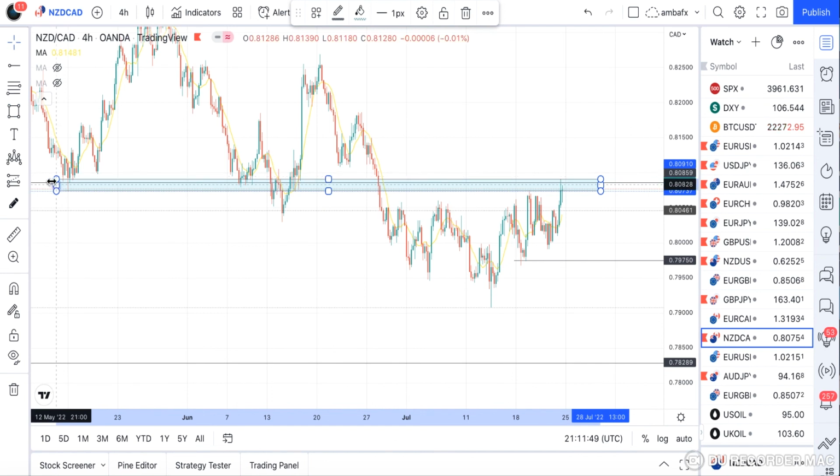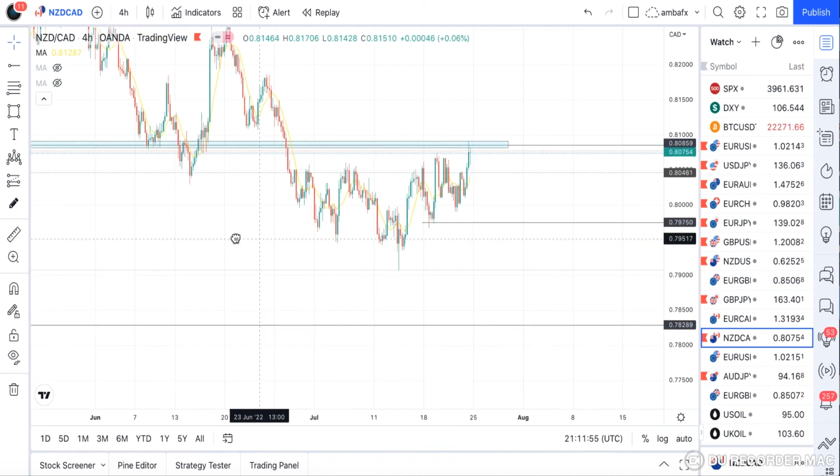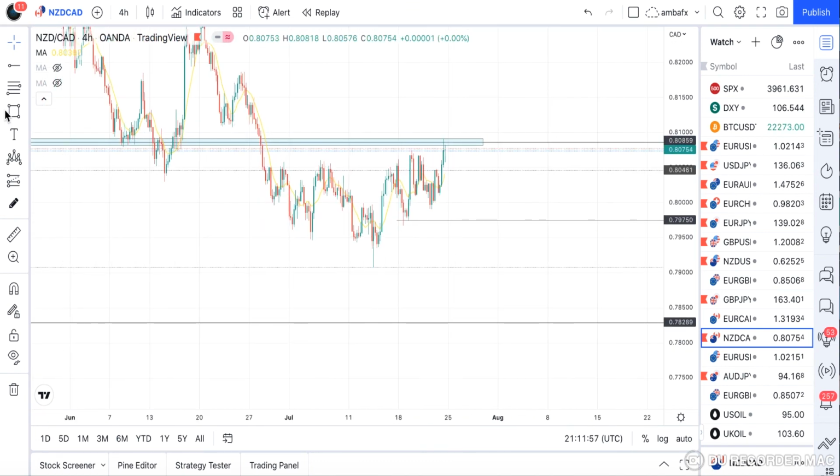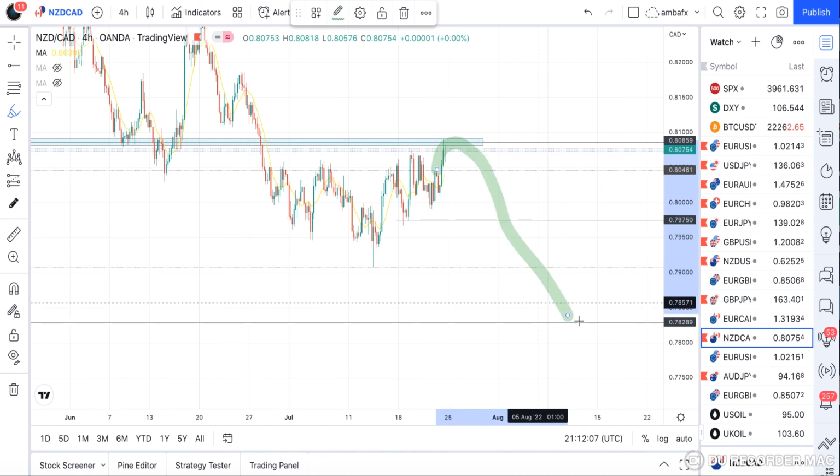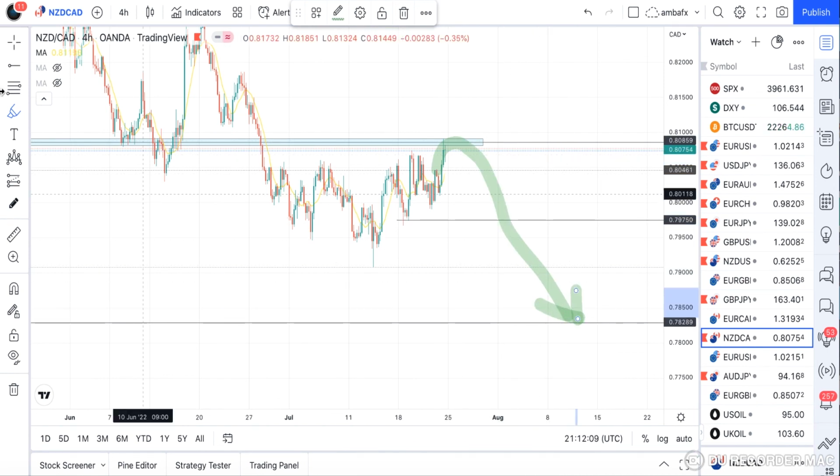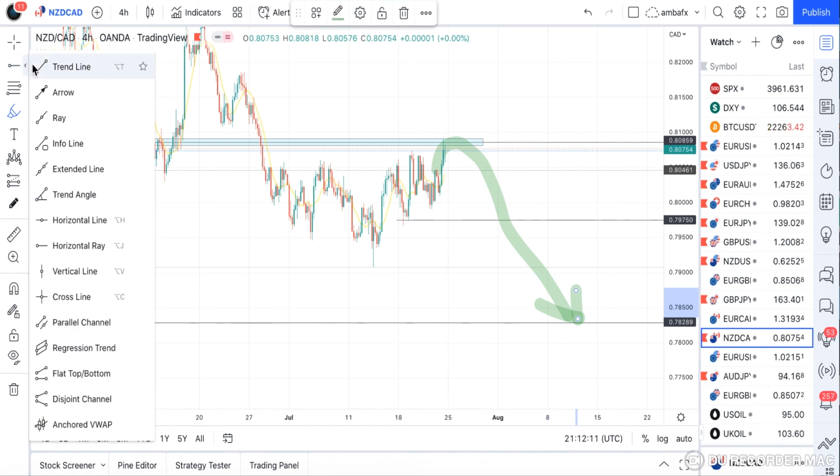We can see the level of resistance holding right at that particular time. So any retracement to the upside like this without breaking this level will serve as an opportunity to look for a bearish setup. But don't look for a bearish setup without a break of this particular level.